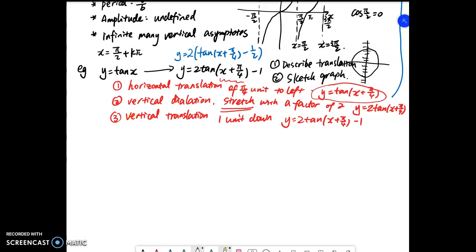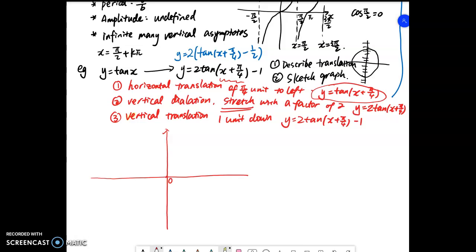I'm just going to sketch the graph to give you an idea of how to sketch this graph without a calculator. You can use a calculator to check, but I don't suggest you use a calculator to start with, because understanding how the translation works will be better for you.